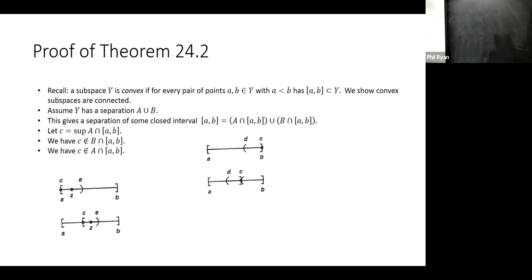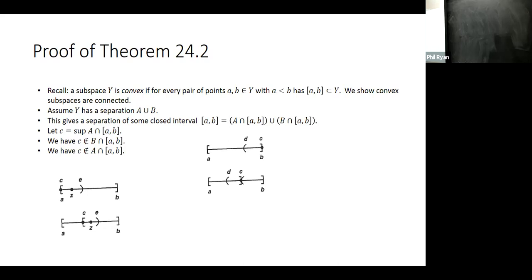Well, again, for the same reason. This is an open set here. So now we can put a little open ball around C. So C goes to E, say. And now we use the property that there exist elements between any two elements. And so there's a Z there. But then Z is an upper bound.